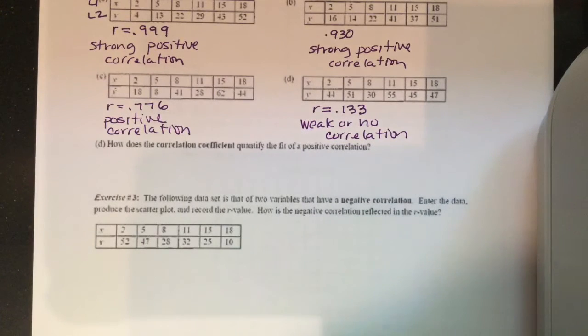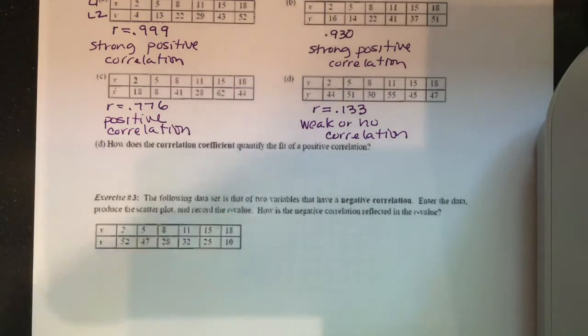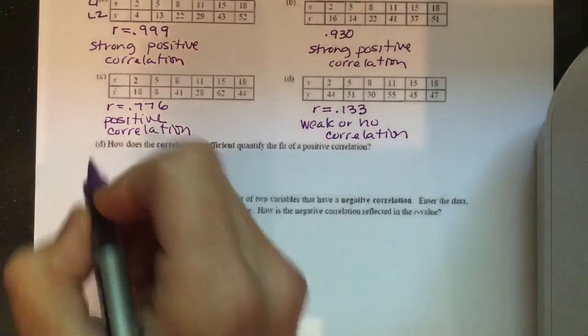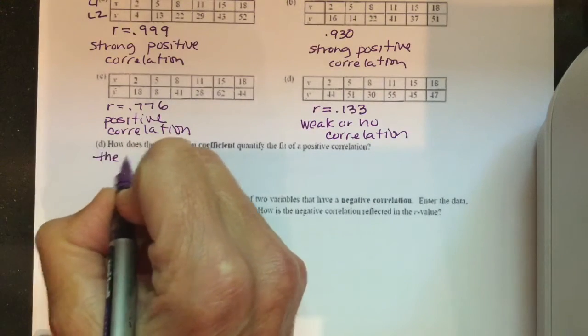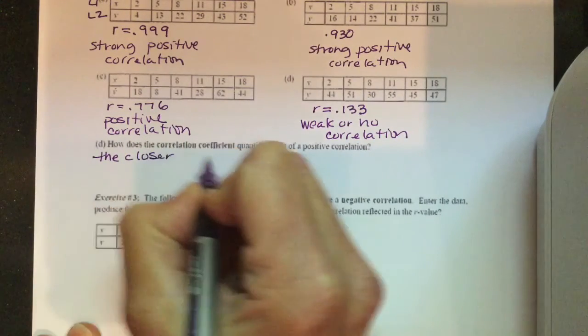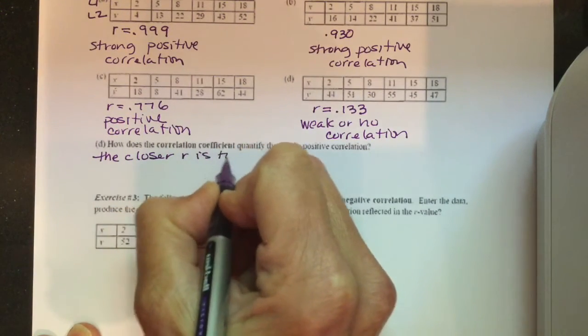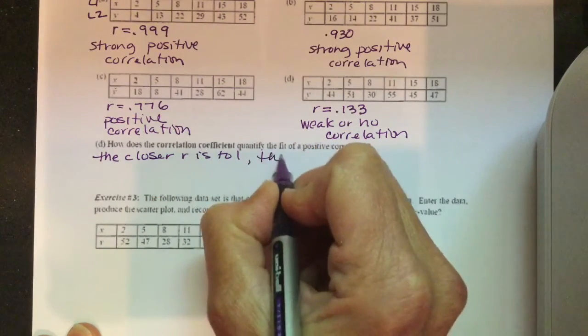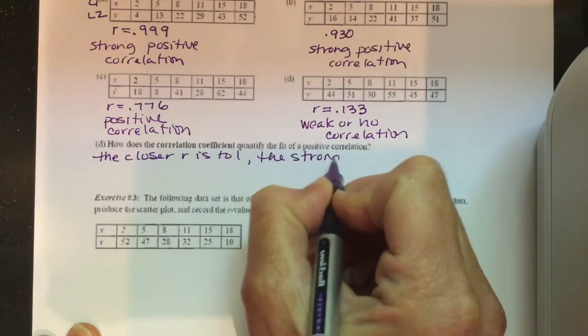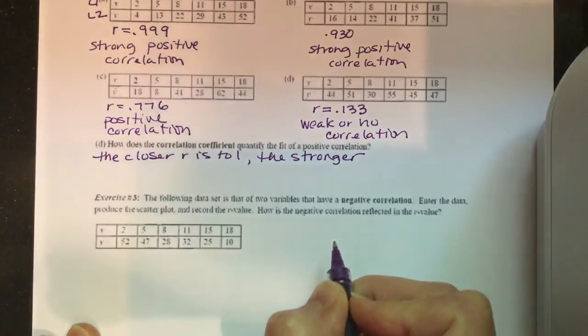So now we need to answer part D. And this time it says, how does the correlation coefficient, how does this R value quantify the fit for the positive correlation? Remember, quantify means number. All right, so here, the closer R is to 1, the stronger the correlation, right?